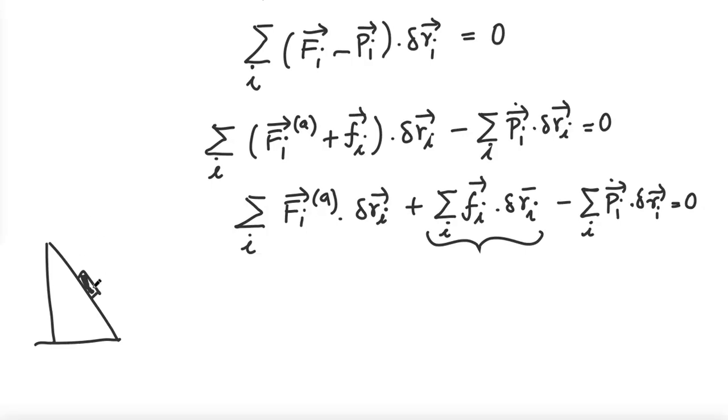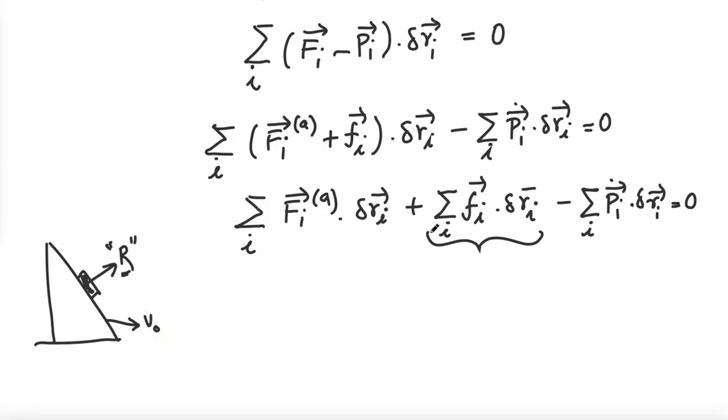Even then, in this particular case we saw that the normal reaction was doing work, but only in the case of real displacements. If you talk about virtual displacement, this normal reaction will not do any work even if the wedge is itself moving.